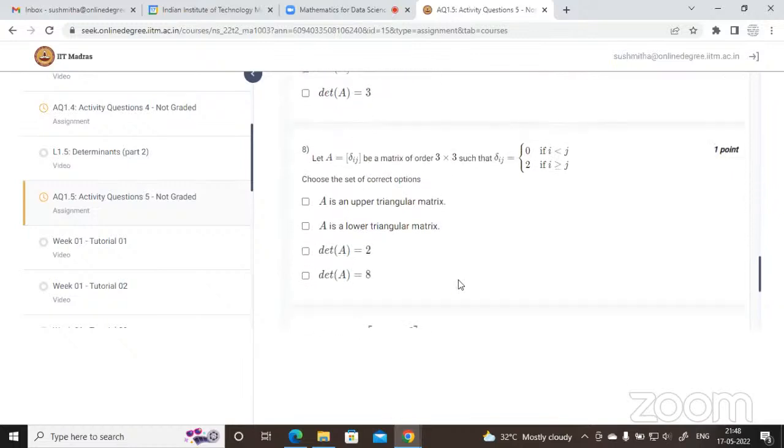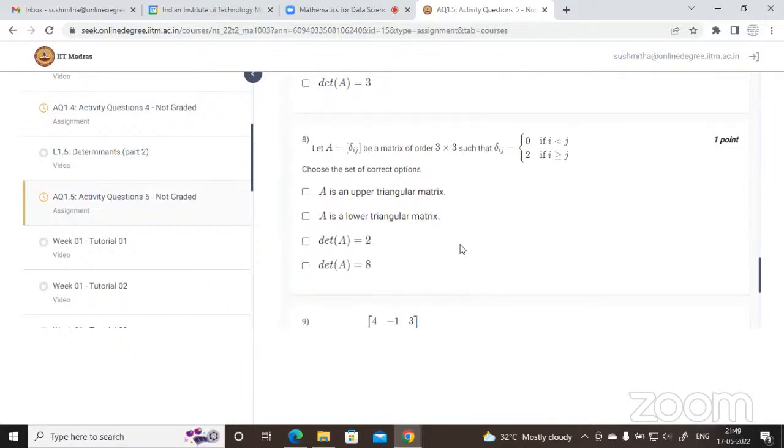The determinant of A is equal to 8. How do we take the values of that matrix? Is it that in the upper triangular matrix I take the values 2, 2, 2 and calculate 8, or is it some other way? Because you have to write down the matrix. You can write down the matrix explicitly from here.